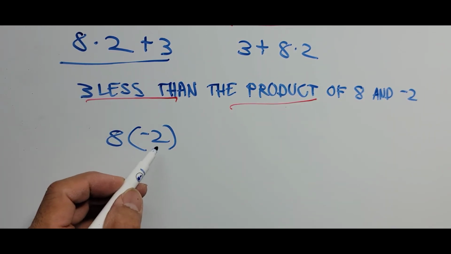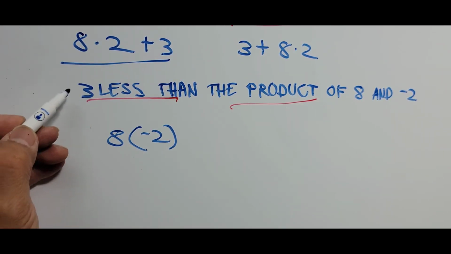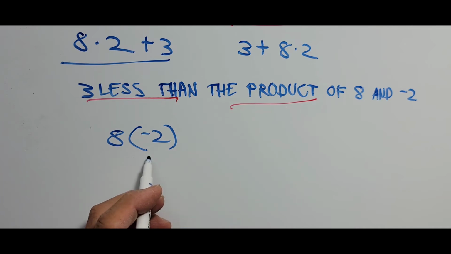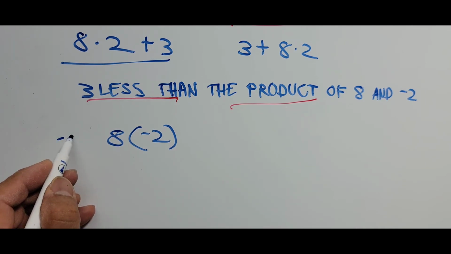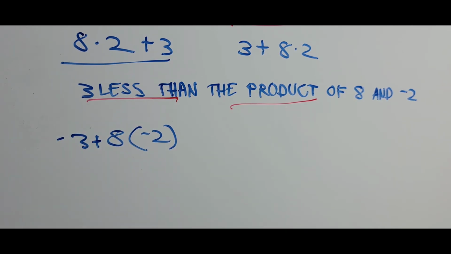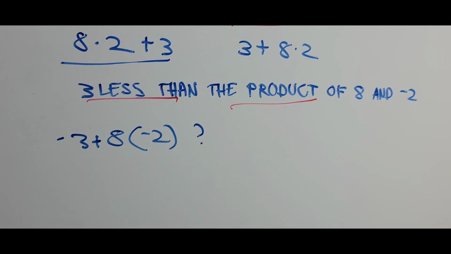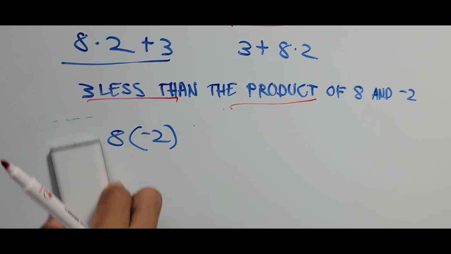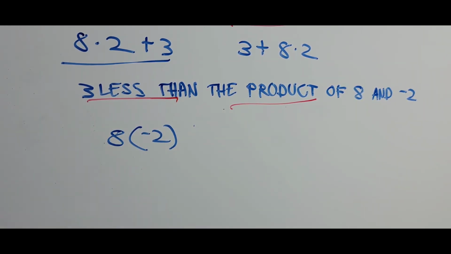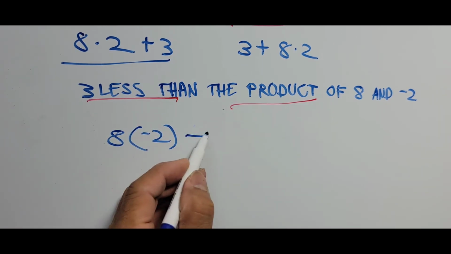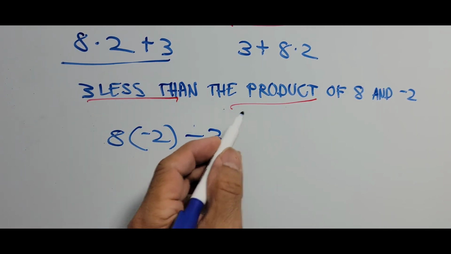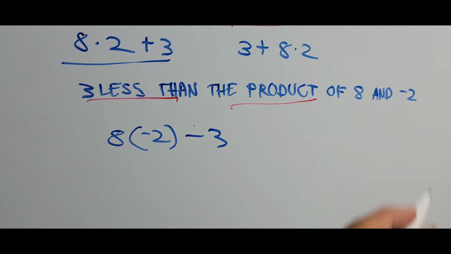So 8 times negative 2. It says here 3 less than the product. So how do you write it down? Negative 3 here plus 8? Is that right? It's not right. So what do you do? 3 less, so that means minus 3 here. 3 less than the product of this. So that's how you write that numerical expression.